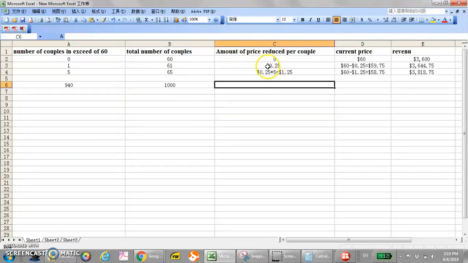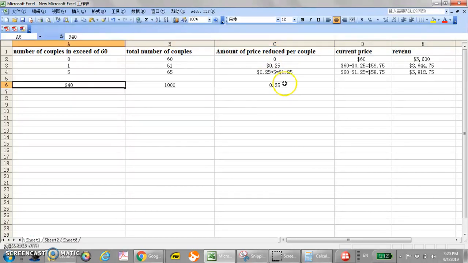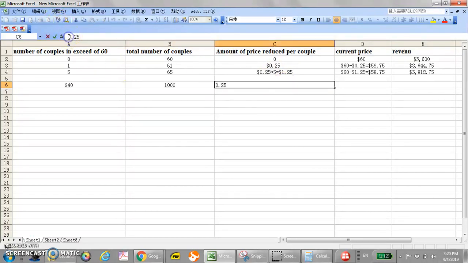So the amount of the price that will be reduced is 0.25 multiplied by 940.